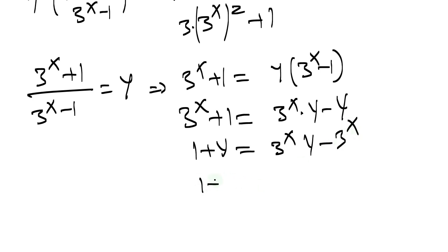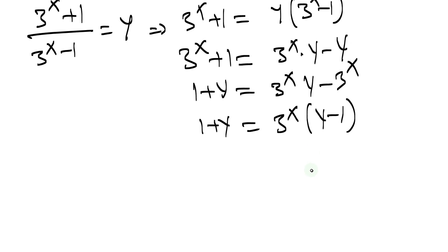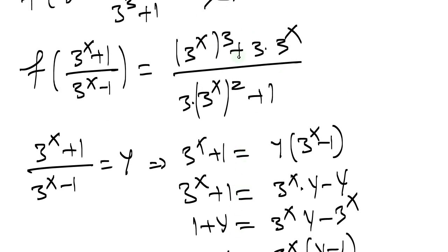So now y plus 1 is the same thing, right? So 3 to the x times y minus 1, and then we have that 3 to the x is equal to y plus 1 divided by y minus 1. So this is what we wanted to find. I'm not going to isolate x here because we already did this work here.